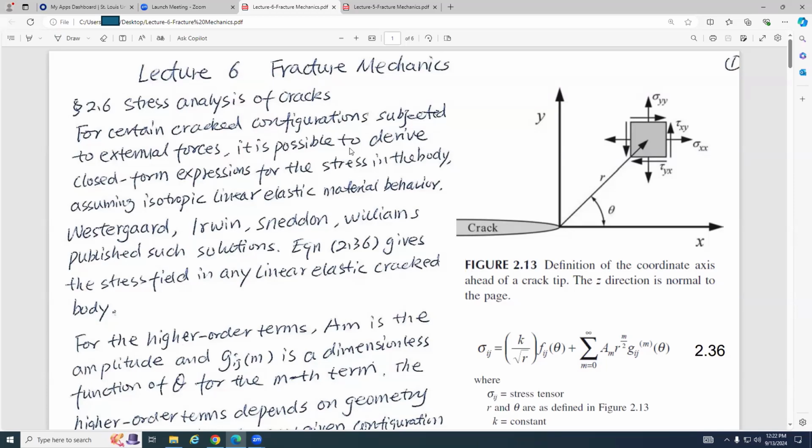What is a closed form expression? Bobby? For stress? Whenever we see the closed form expression, what is it? Equation, right? Closed form expression means equation. If we can describe some quantity by using an equation, that means this quantity is a function of something.